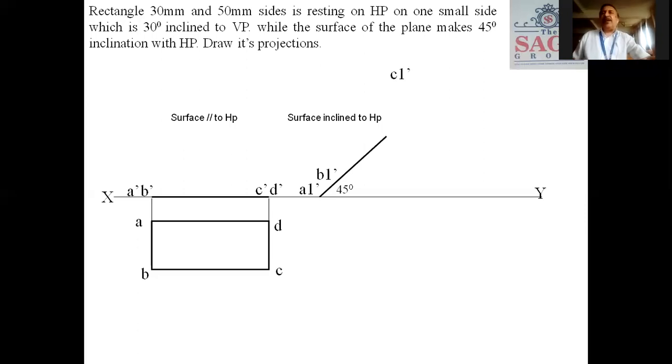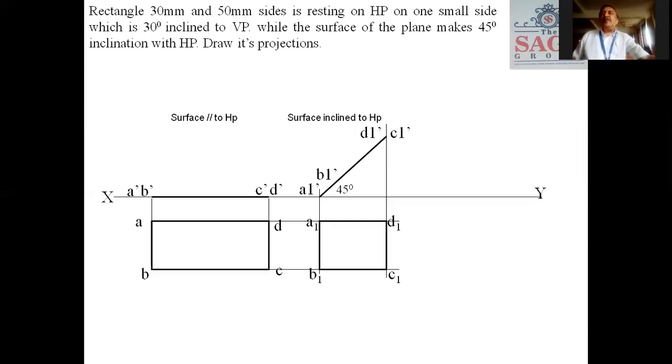Now we name it also, and now we draw projectors downward and locus from the true shape forward, and in this way we complete our top view and also name it. We can darken this top view because this is one of our projections.